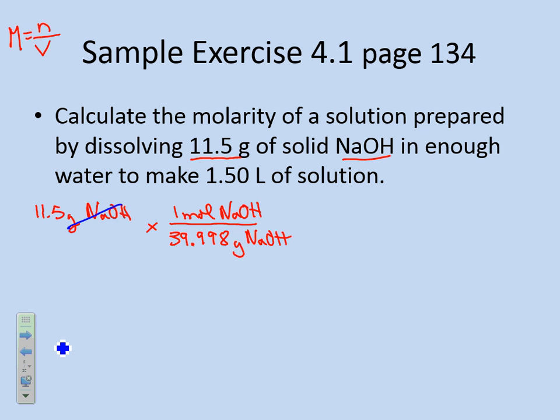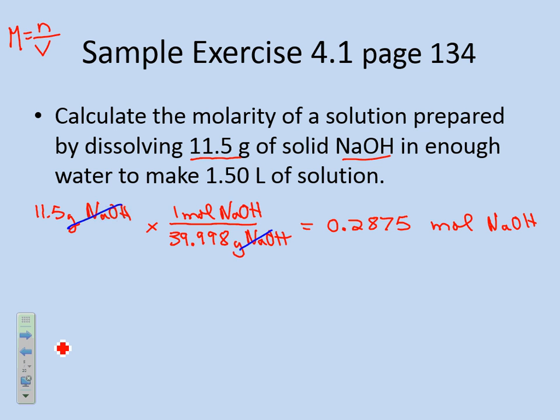And here we see our grams cancel, and we have moles of NaOH, and keeping a little bit of extra sig figs, you can just keep it in your calculator. But we have about 0.288 moles of NaOH.